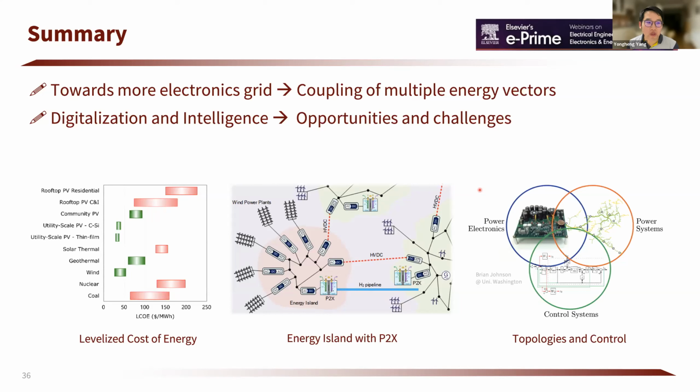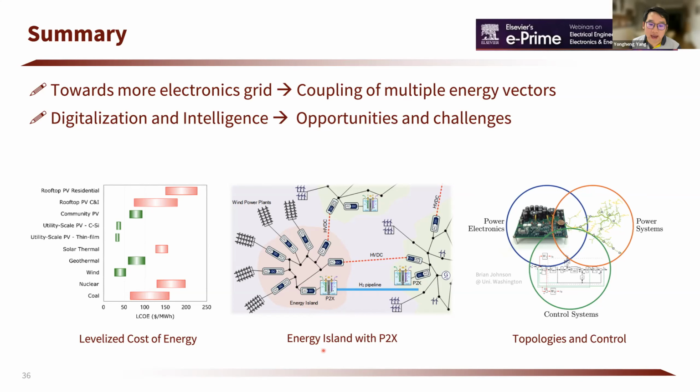Yes, that was basically all the technical content I want to present in summary. We see much more power electronics in the power grid, and it couples different energy vectors. We will see this even further in the future. This is of course driven by the reduction of the cost of renewable technologies. But the other thing is that we also want to have secure and reliable power supplies.